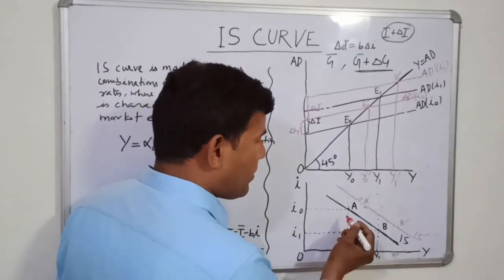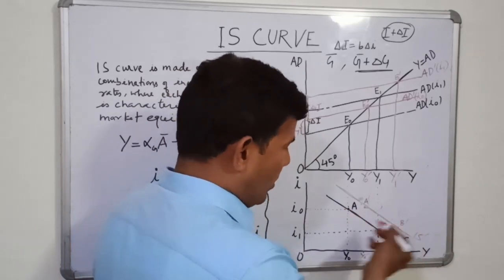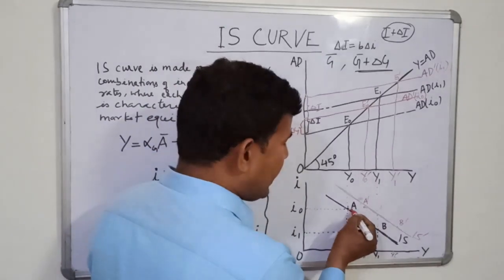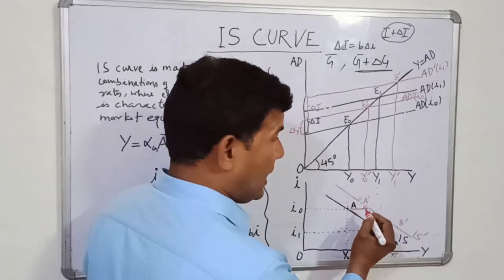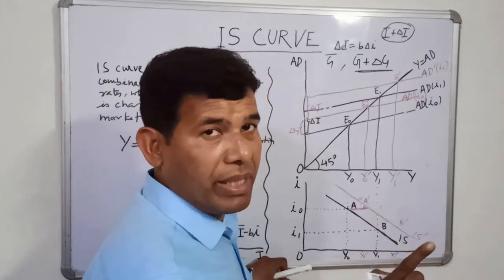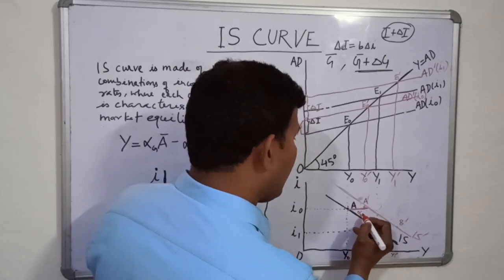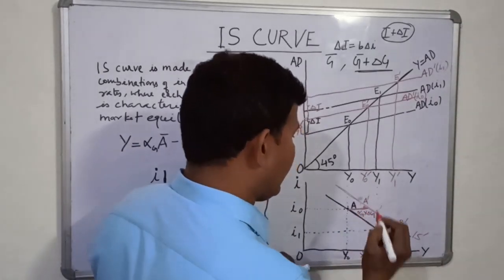As far as the horizontal shift of the IS curve is concerned, in case the shift is taking place due to a rise in government expenditure, the magnitude of the shift would be exactly equal to alpha G multiplied by delta G.